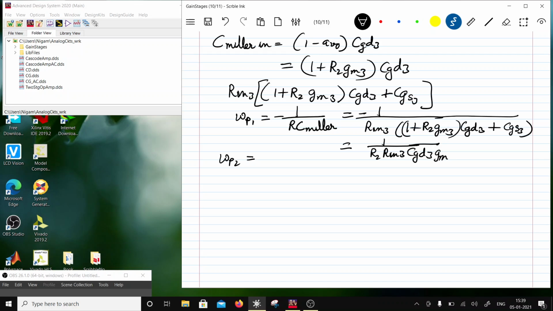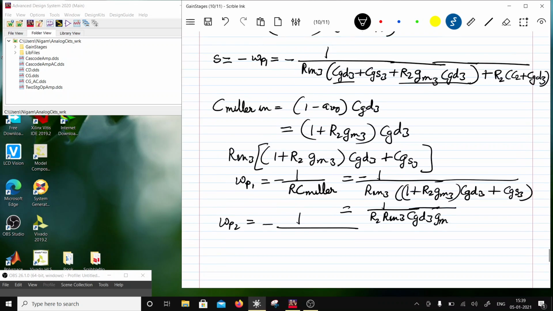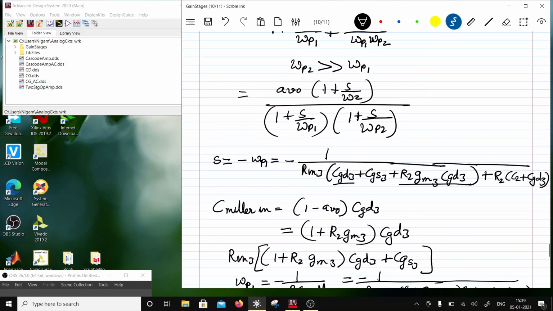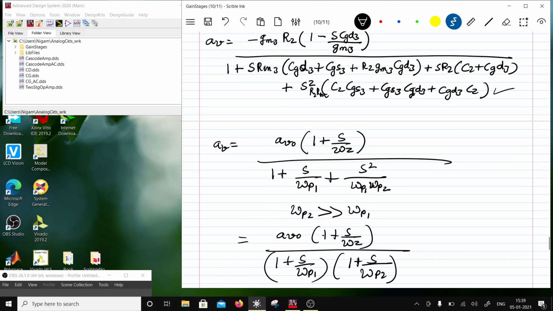What remains here is R2 R in GM3 CGD3. So what I'll be left with is WP1 WP2, which is 1 over this term multiplied by WP2.